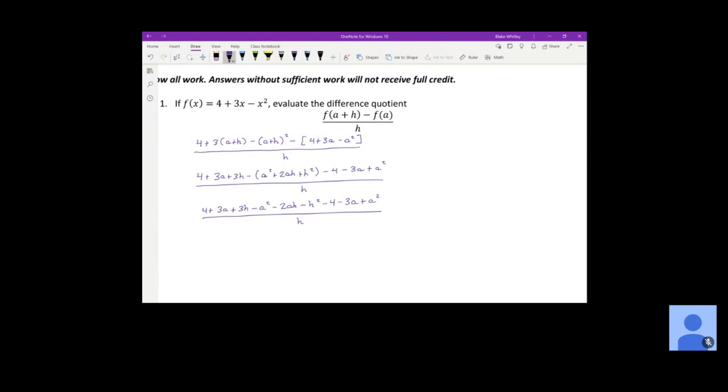Good, right? So we're left here. The 4's cancel out. The 3a minus 3a cancels out. And the negative a squared and positive a squared cancel out. So that leaves us with 3h minus 2ah minus h squared all over h.